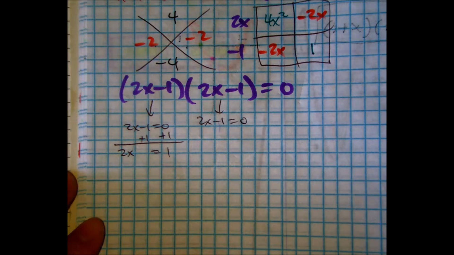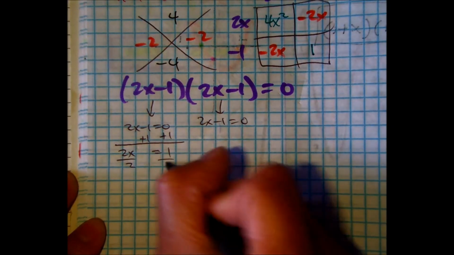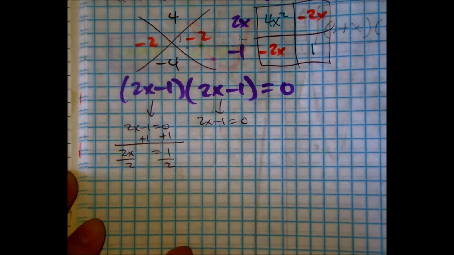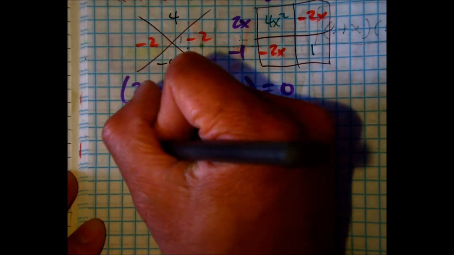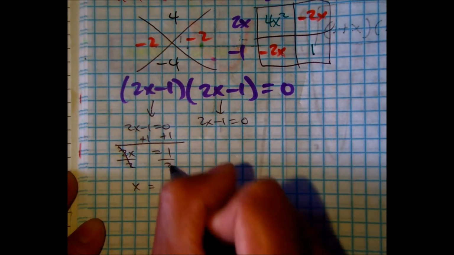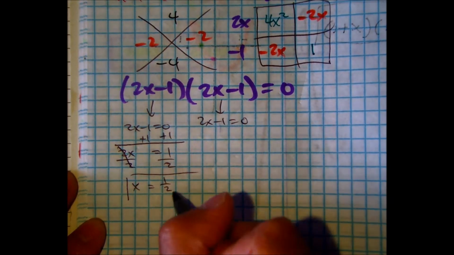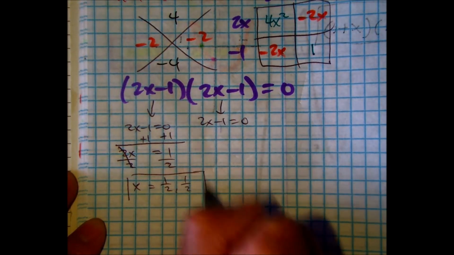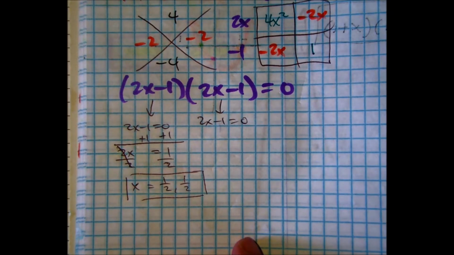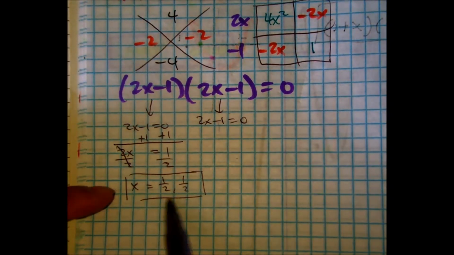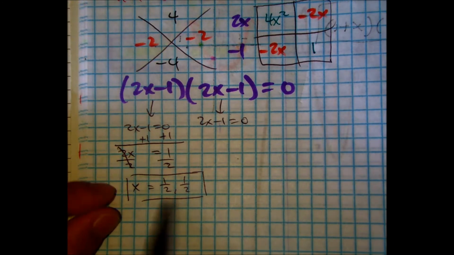What do I do next? Is x equal 2? No, common mistake. X equals 1 over 2, which is 1/2. And if you did the same thing over here, you actually have the same answer twice. Does that make sense? It's because it's the same exact thing. Now, normally we wouldn't write the answer twice, but this is the reason why it's called a double root.